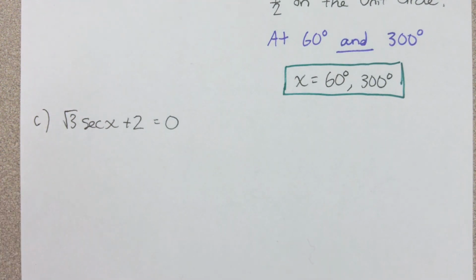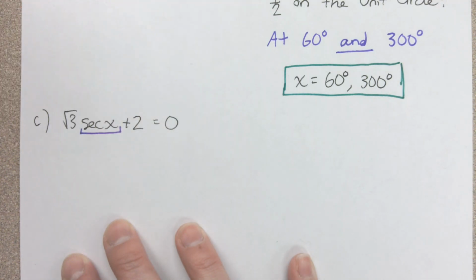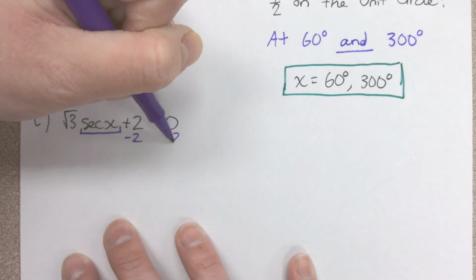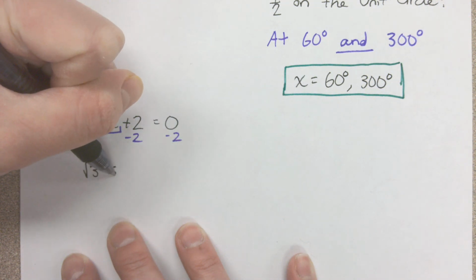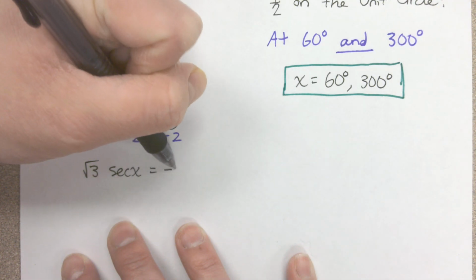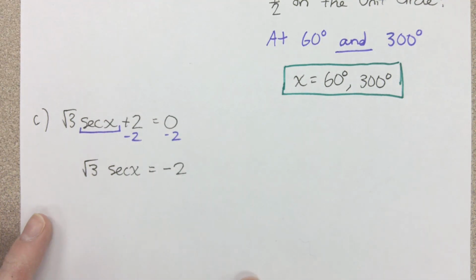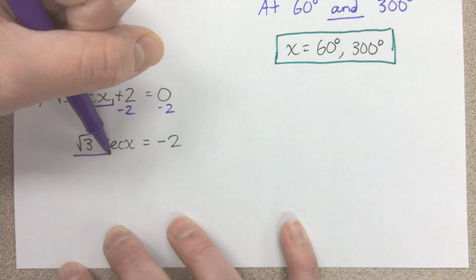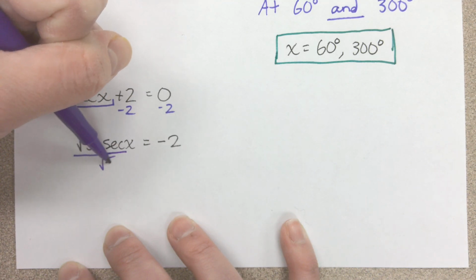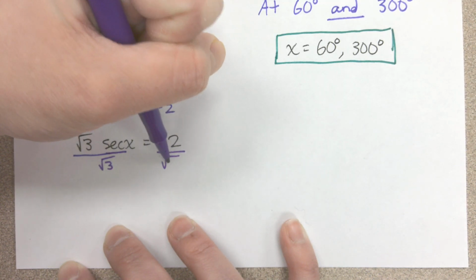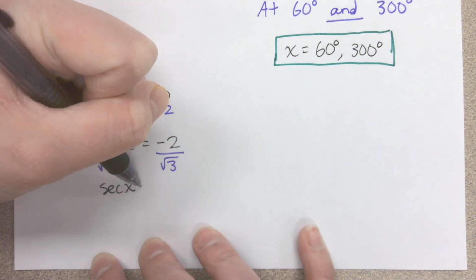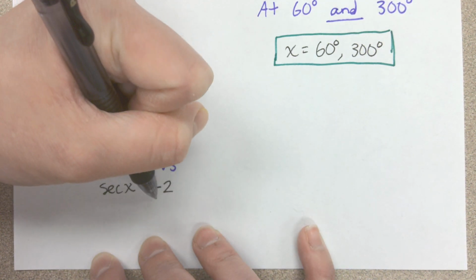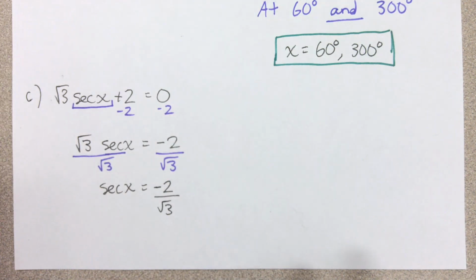Again, the first goal is just to solve for the trig function, in this case secant x. So we're going to get this by itself. Subtract 2 on both sides. Square root of 3 secant x is equal to negative 2. Divide by the square root of 3 on both sides. Secant x is equal to negative 2 over the square root of 3.